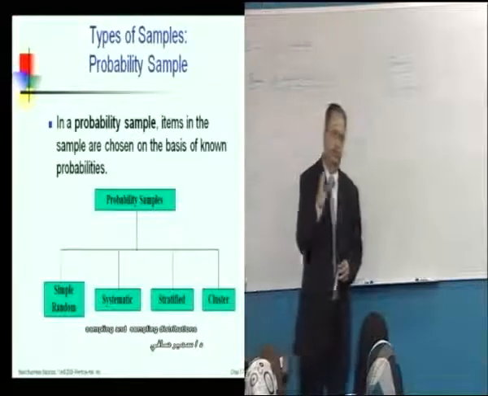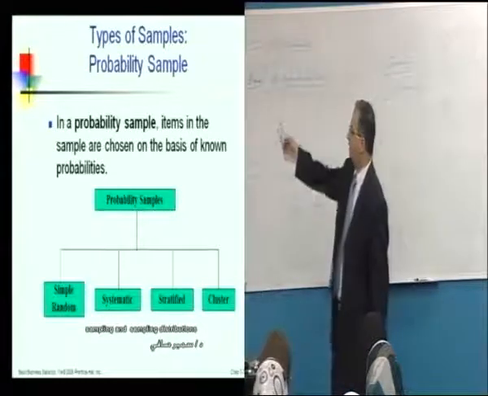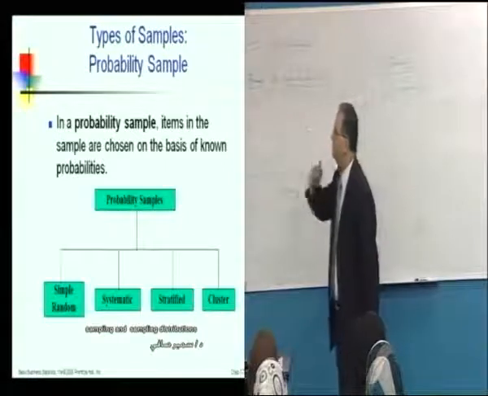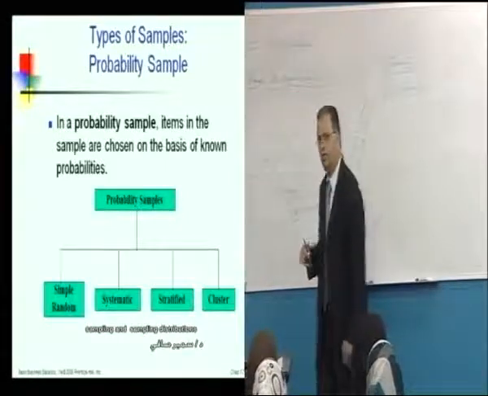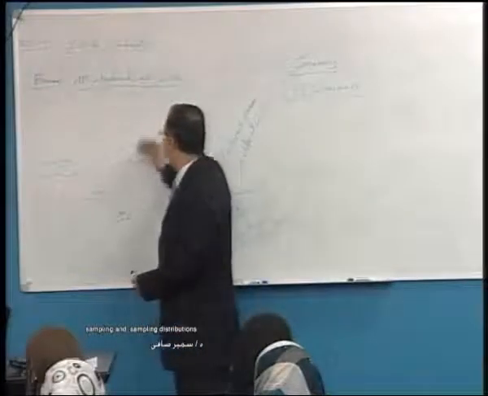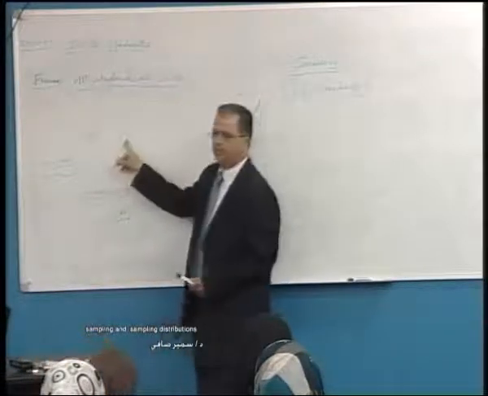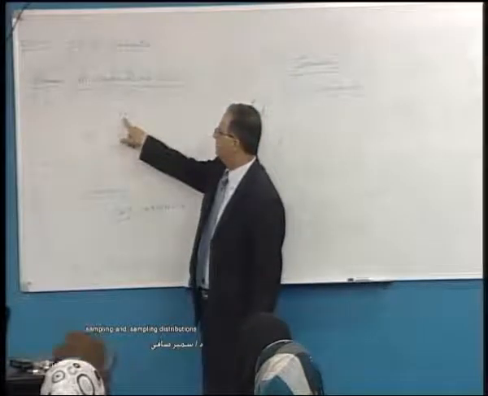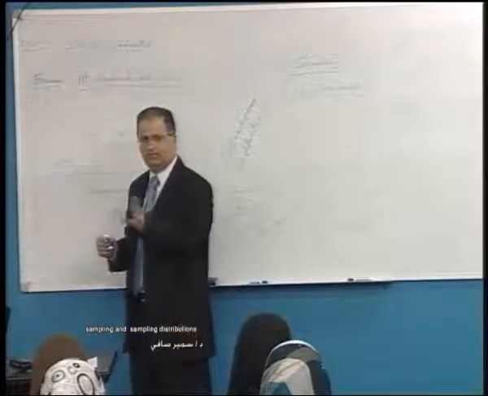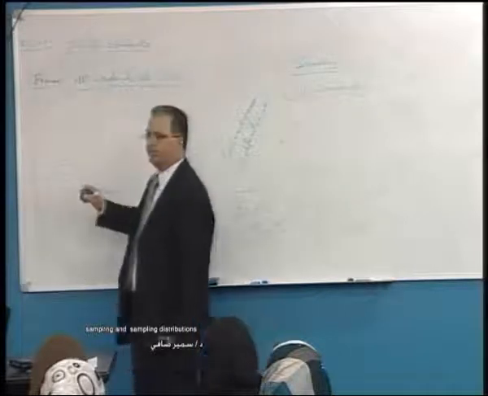The other type is called probability samples. In this case, items are chosen on the basis of known probabilities. For example, if males represent 30% and females represent 70%, and the sample size is 1,000, then you have to choose females with respect to their probability.